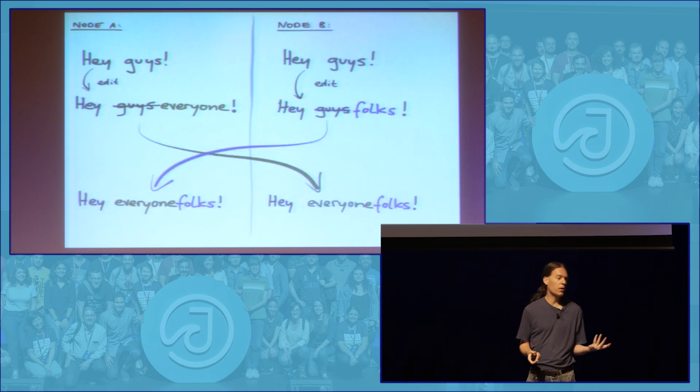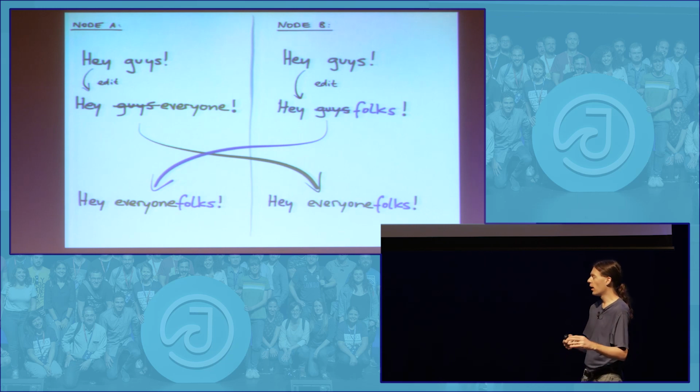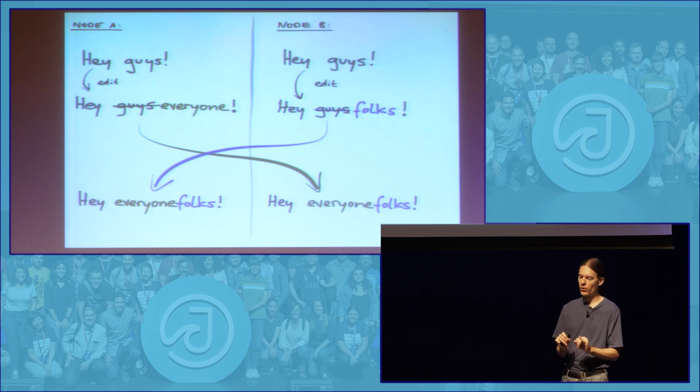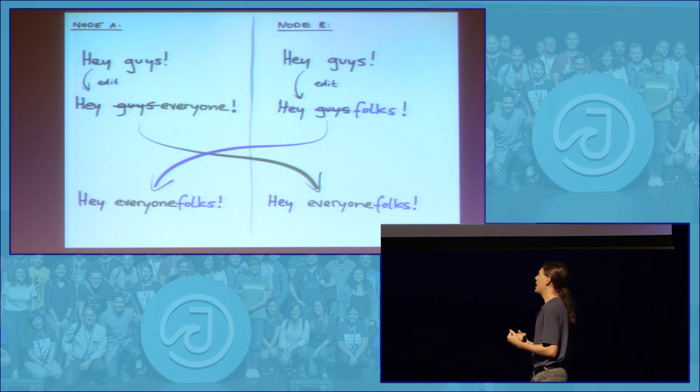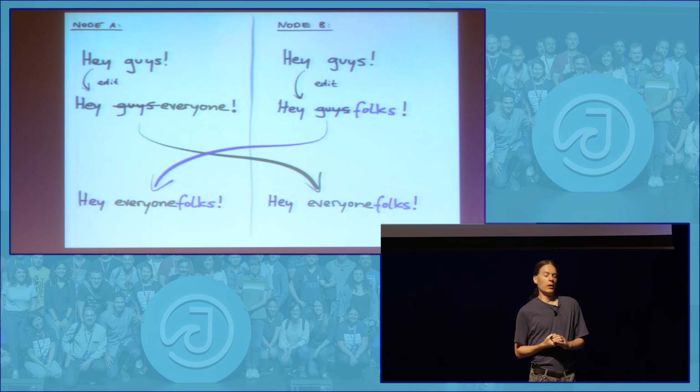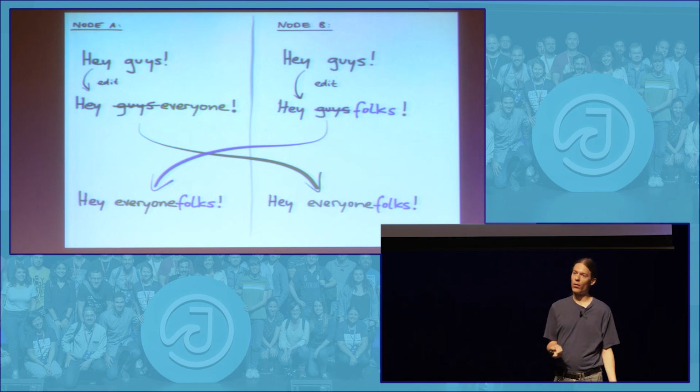So what will happen now when these things get merged together is the end result reads, hey, everyone, folks. Or maybe it'll read, hey, folks, everyone. So it will keep both of those values, and it will put them in a deterministic order, but the outcome is unfortunately a word that is not an English word. So in this case, this then still requires a human to come in and edit it, unfortunately.